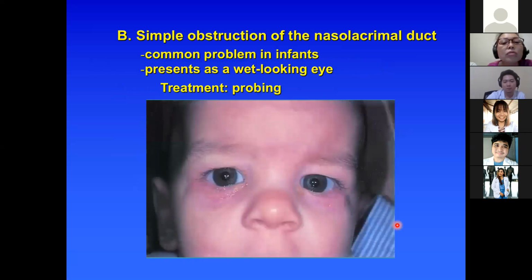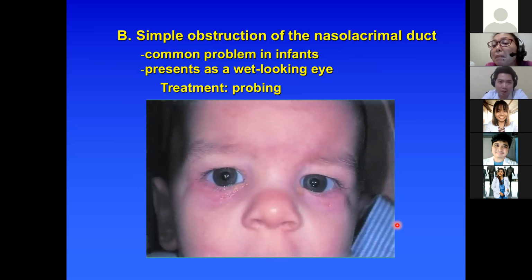Now, the most common is the simple obstruction of your nasolacrimal duct. At birth, 80% of the babies, their nasolacrimal duct is not yet open inferiorly. Where does your nasolacrimal duct open? Where does it drain?